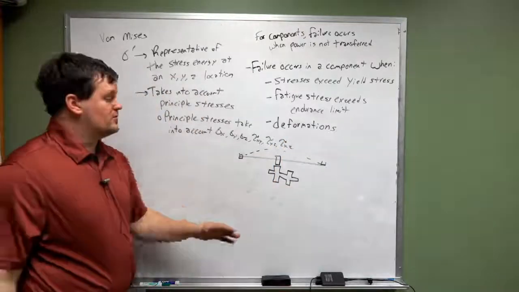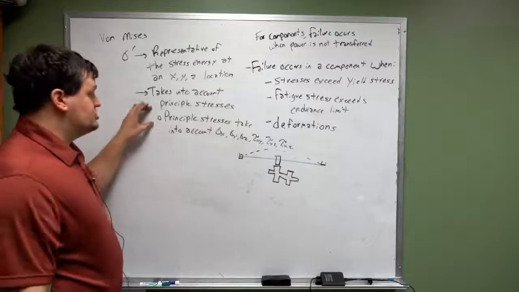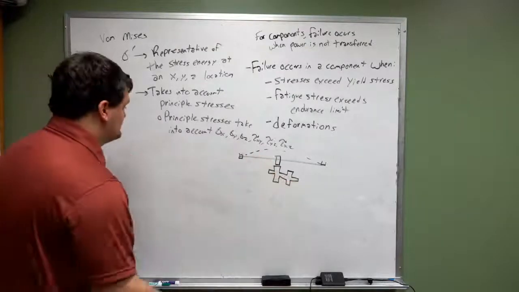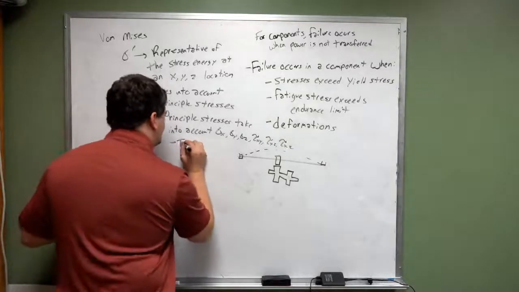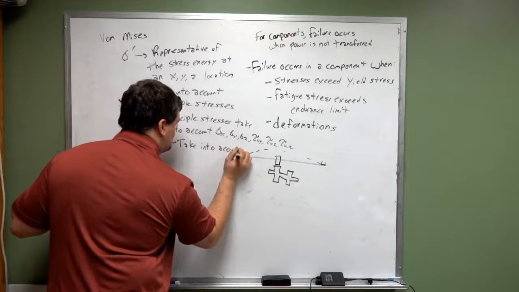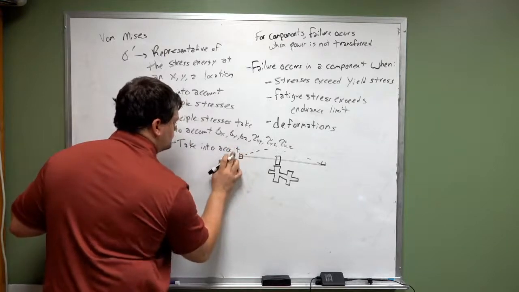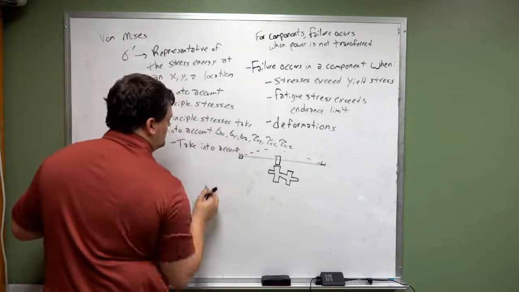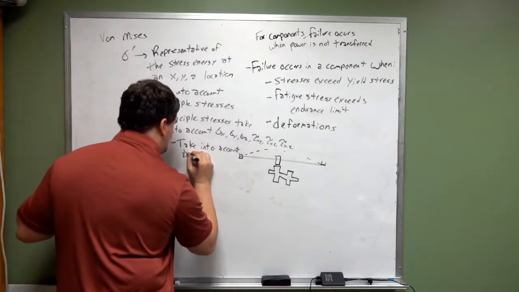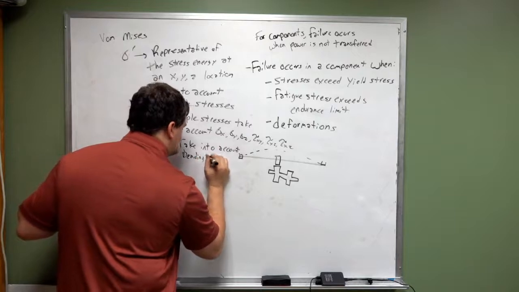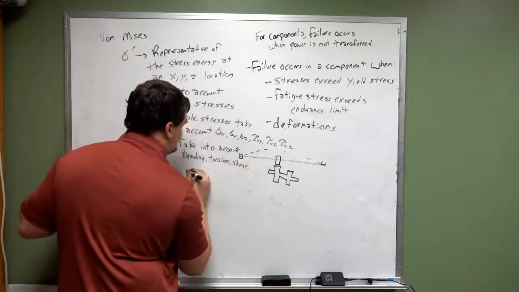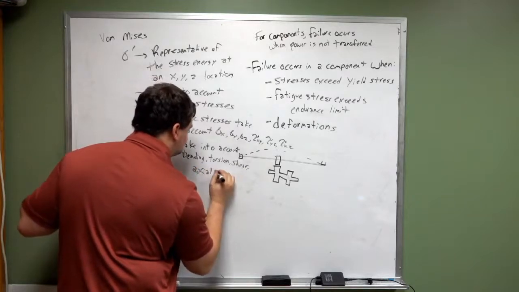All of those 6 components converge to your principal stresses. Now each of those 6 components take into account, can't spell, your bending, torsion, shear, and axial loading.